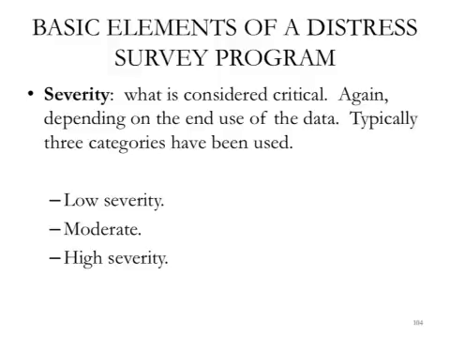So whenever we go to the field and measure distresses, we need to define the severity of each distress. The severity here is what is considered critical. How can I define whether this distress is critical or not? Again, this depends on the end use of the data.